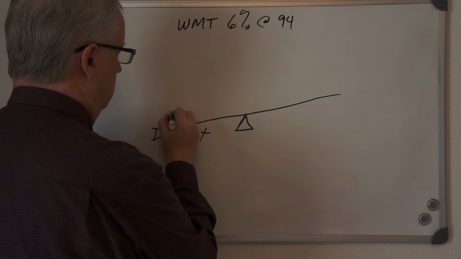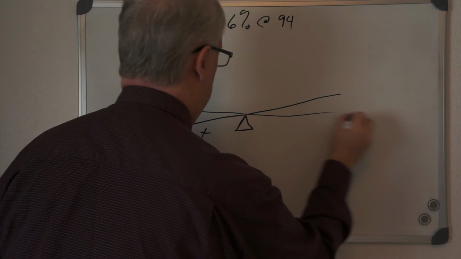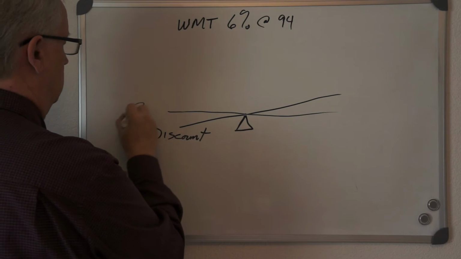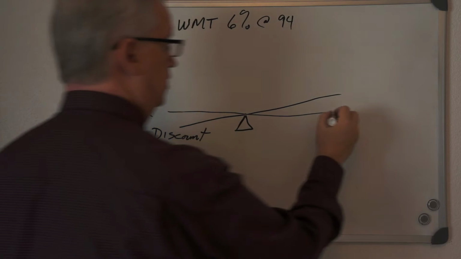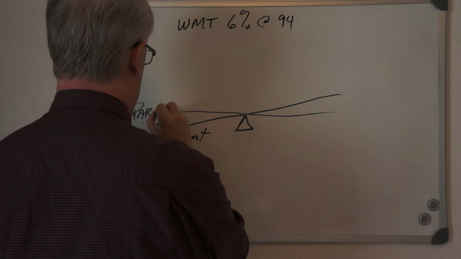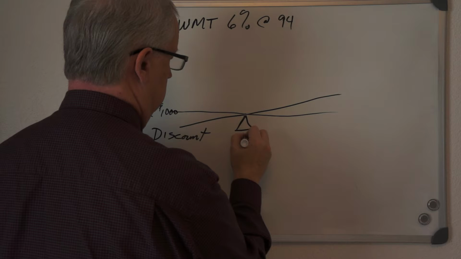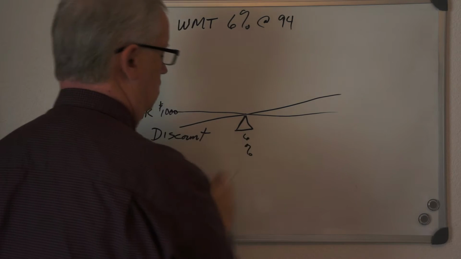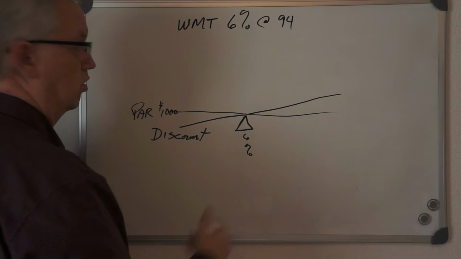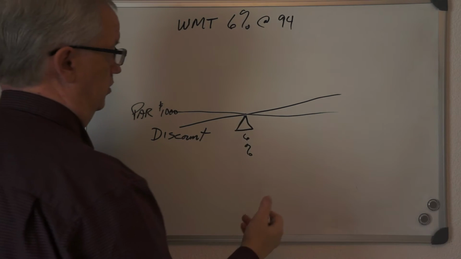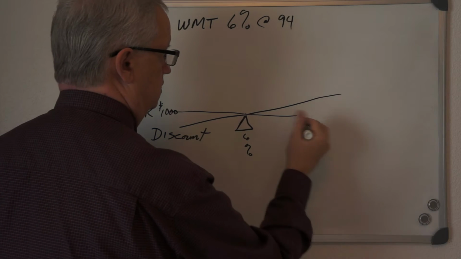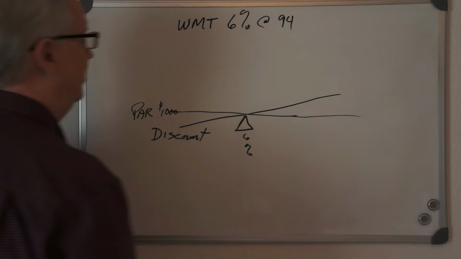This is par, right? Par. So it's going to be at $1,000. Okay, so that would be 6%, right? They call it the coupon yield, they call it the nominal yield.